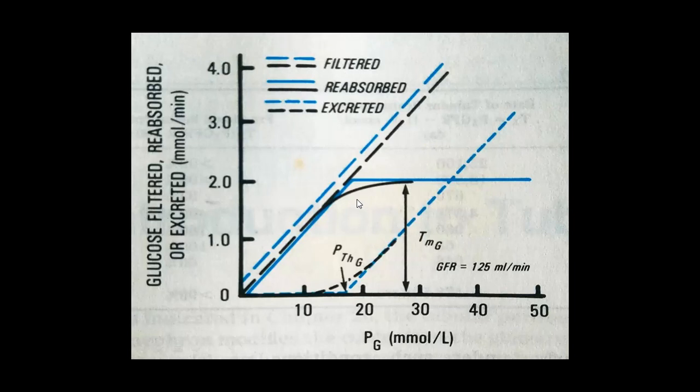For this transport phenomenon, this blue curve is a straight, continuous curve with a sharp bend. Here, the black curve is having a gradual bend. Here also, this black curve is having a gradual bend, instead of a sharp bend. And this gradual bend is very important.